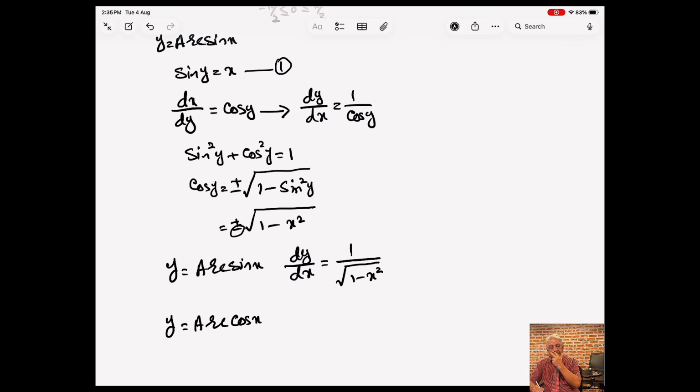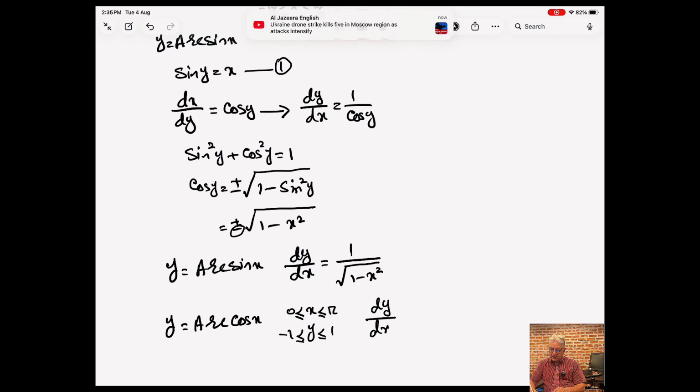I will write the domain of this function, x is between pi and 0. In that range, cos is one-to-one, you can define this, and y is between 1 and negative 1. So dy by dx in this case will be negative 1 divided by square root of 1 minus x squared.